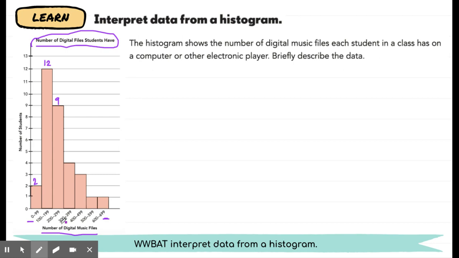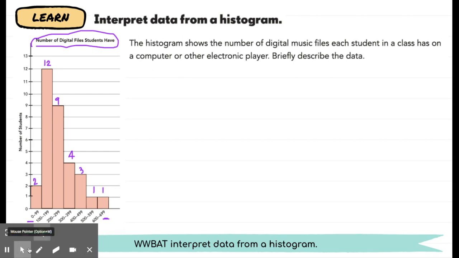There are 4 students that have 300 to 399 songs, 3 students that have 400 to 499 songs, 1 student who has 500 to 599 songs, and 1 student with 600 to 699 songs.